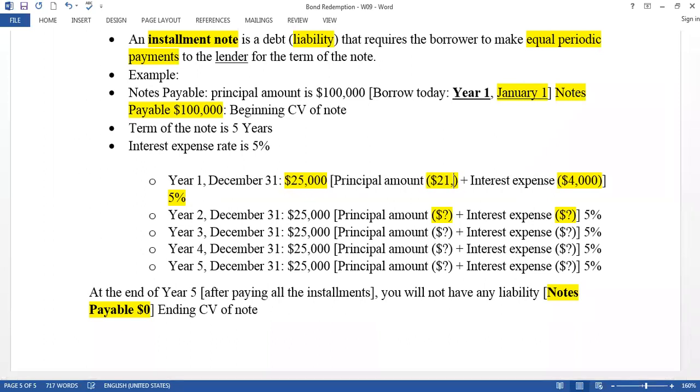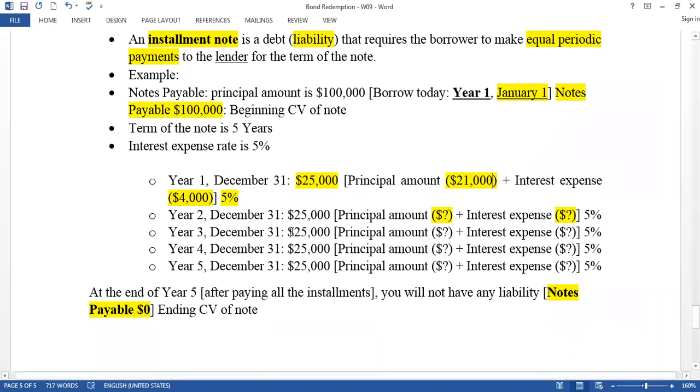So if we can calculate the $4,000 interest expense dollar amount, then we know the total is $25,000. If $4,000 is the interest expense, it means that $21,000 is the principal amount.